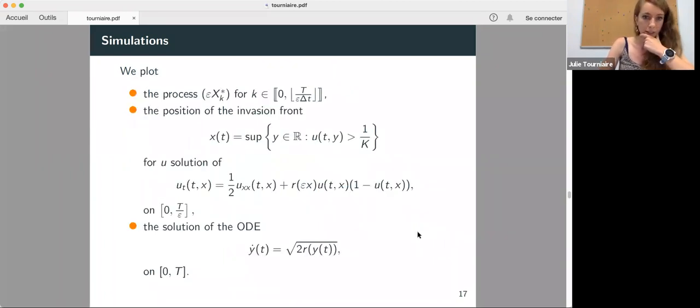For this choice of reproduction law and growth rate, we plot the rescaled position of the rightmost particle in the system for one simulation of the process, the position of the invasion front for the limit PDE. It is not exactly the limit PDE, but a PDE whose propagation speed at order 1 is the same as the limit PDE of the process. And we plot the solution of the ODE from the theorem.